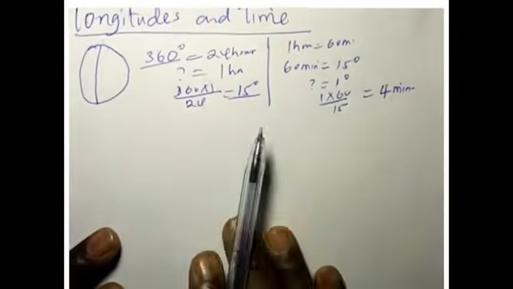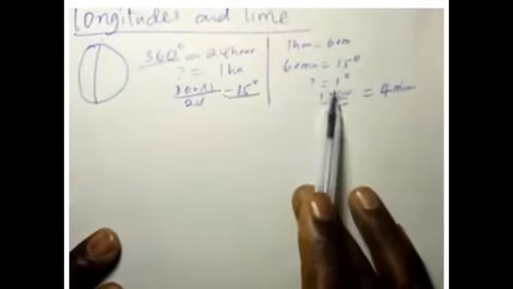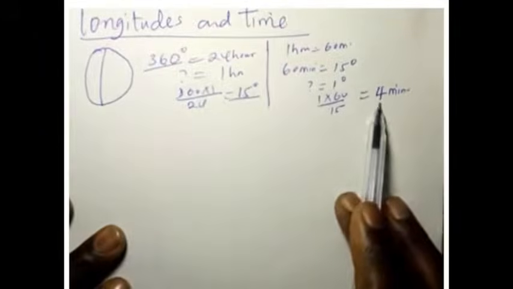Every time 1 degree changes from 1 to 2 degrees, there is a change in time either to the west or to the east. So this is the Greenwich meridian, and this is 0. To the east and the west. The time to the east is always ahead.